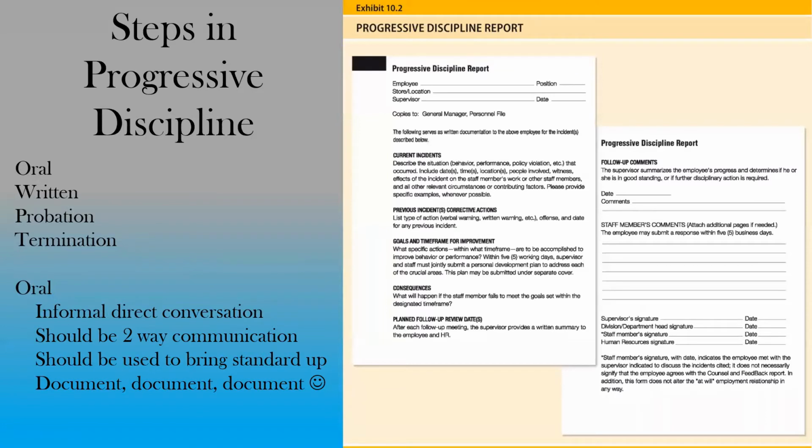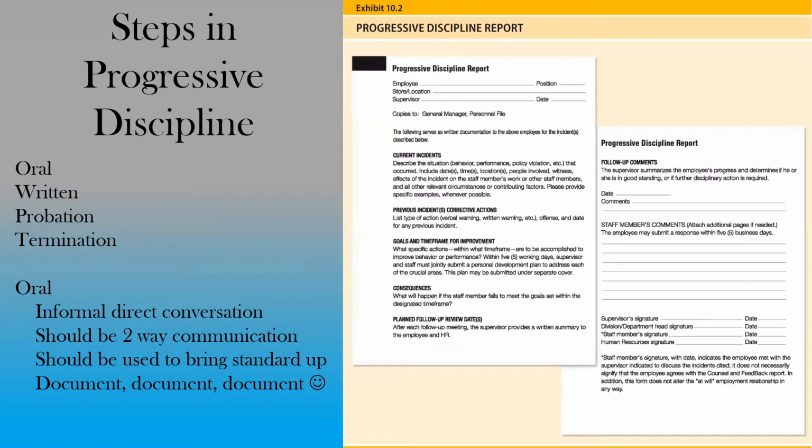You want to get that employee's input, why they're doing what they're doing, why there's that discrepancy between the standard operating procedure and their process, things along those lines. And this should be used as a way to bring the standard up. It's just kind of that, hey, this is going on.